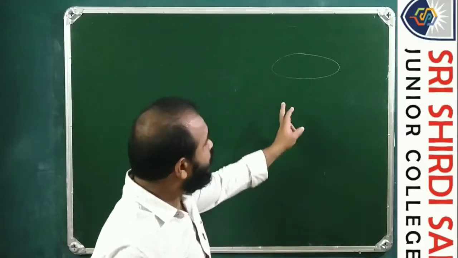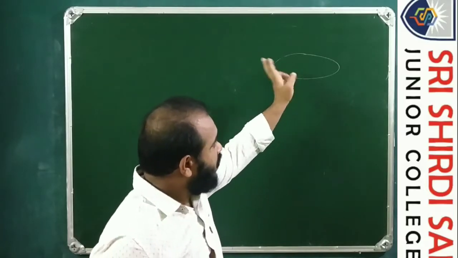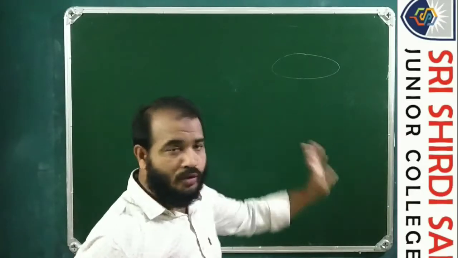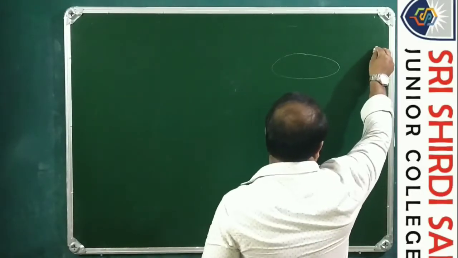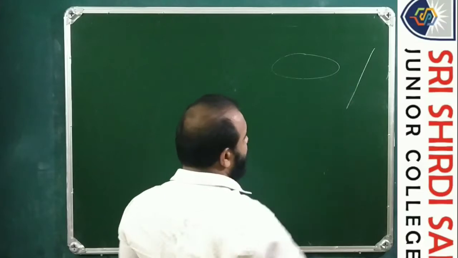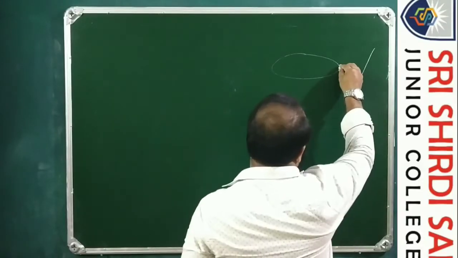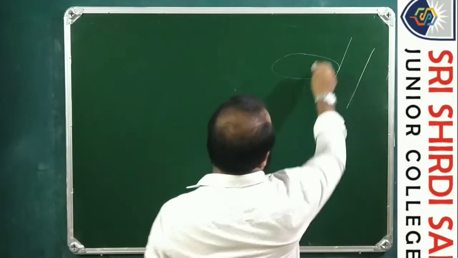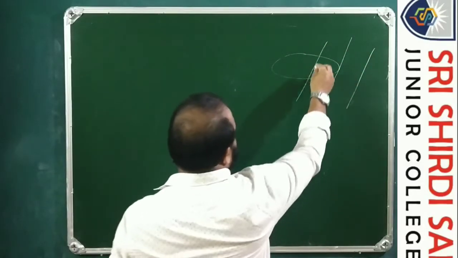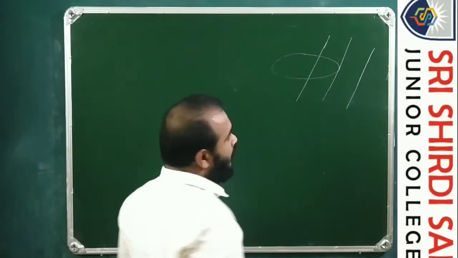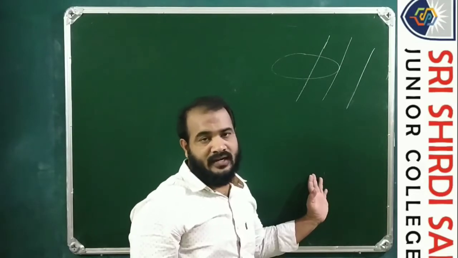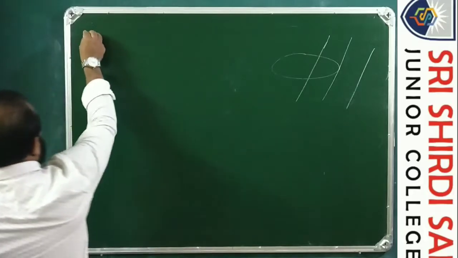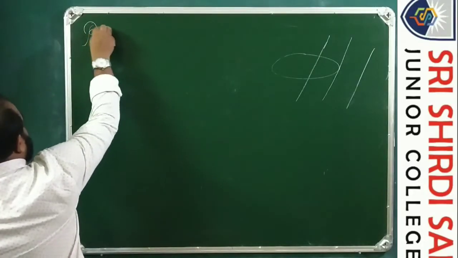The relative position of the straight line with respect to the ellipse in this plane could be like this, or like this, or even like this, depending on the discriminant.